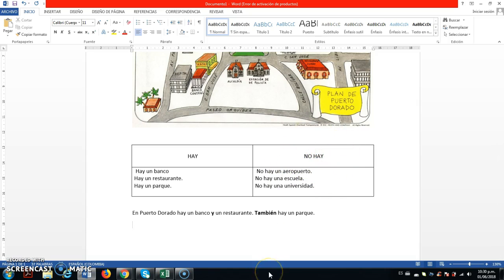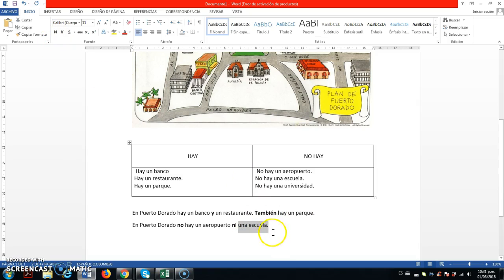No hay. En Puerto Dorado no hay un aeropuerto, ni una escuela. ¿Okay?